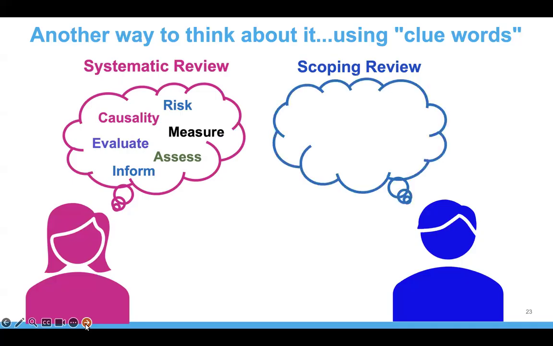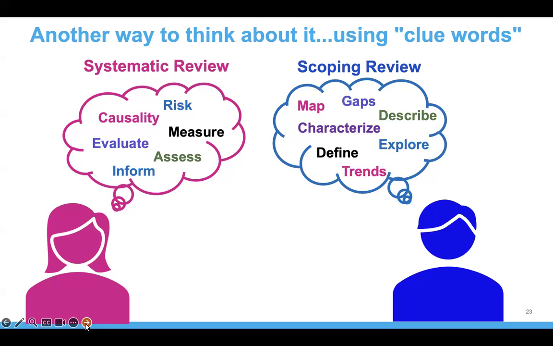In contrast, if you're using terms like map, describe, gaps, define, characterize, explore, trends, then you're likely looking at a scoping review.